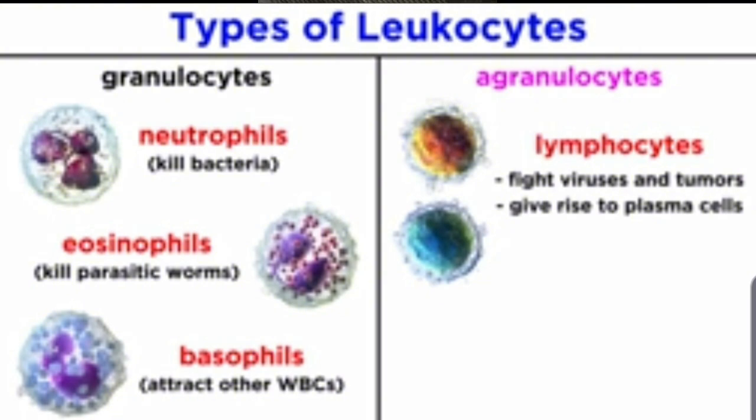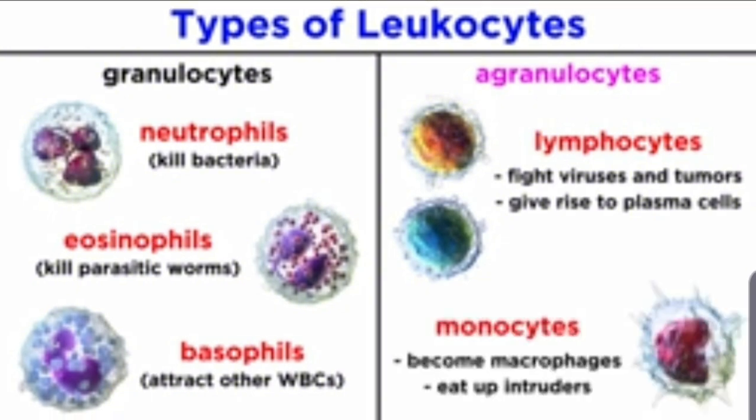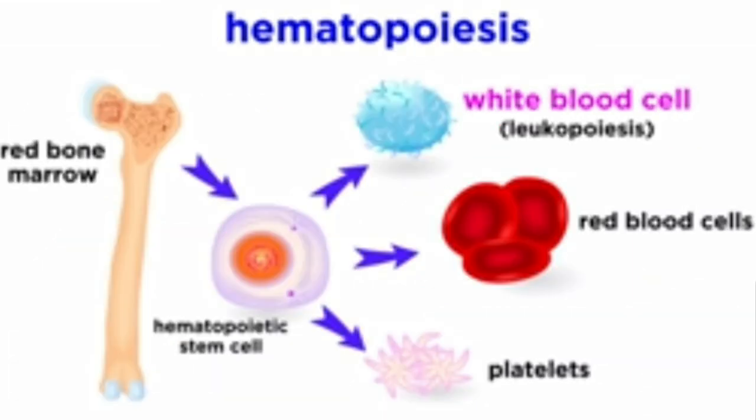Or they can be monocytes, which become macrophages that can eat up intruders. Leukocytes are produced by leukopoiesis, which is stimulated by certain chemical messengers.